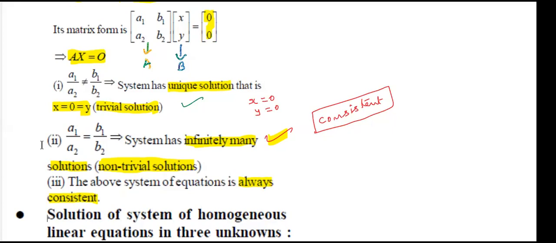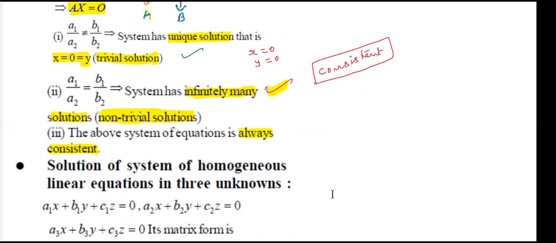Okay, students, now I am going to three unknowns. Here we can use another shortcut formula also. In the first case, det A not equal to 0. This is a shortcut formula. In the second case, det A is equal to 0.